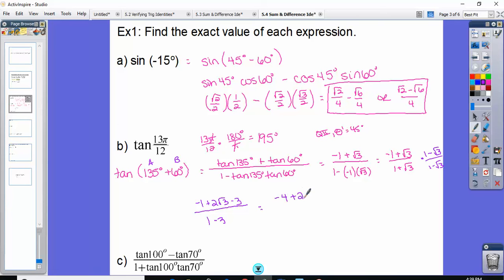And combine like terms, so negative 4 is 2 radical 3 over negative 2. If you divide everything by negative 2, you get 2 minus radical 3. I am going to allow you to leave your answer either in this form or this form.